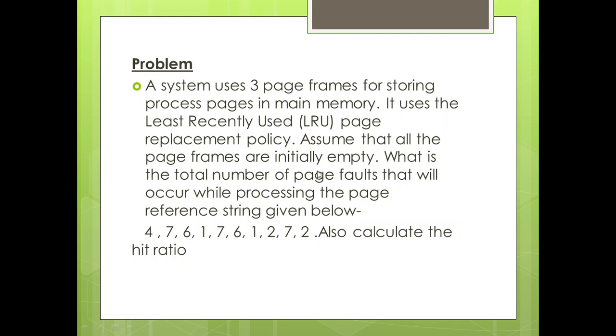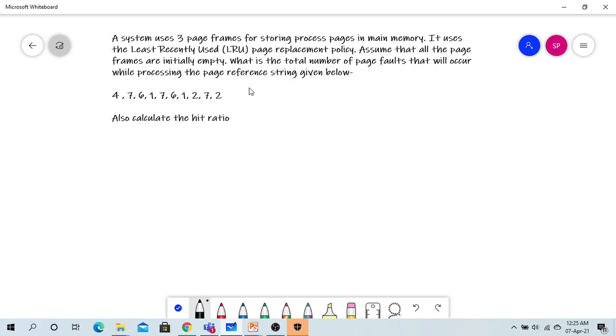We have to find the total number of page faults that will occur while processing the pages. The reference is given below, that is 4761761272, and we have to calculate the hit ratio. So with the above given problem, we will find a solution to it.